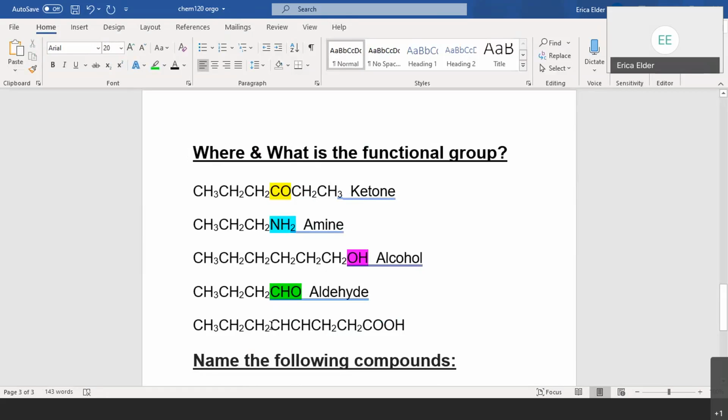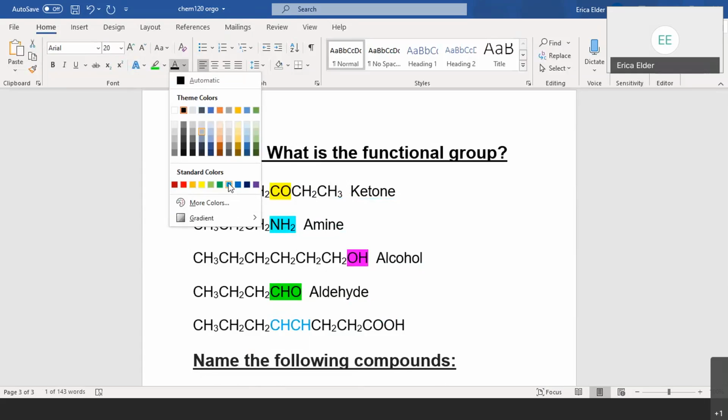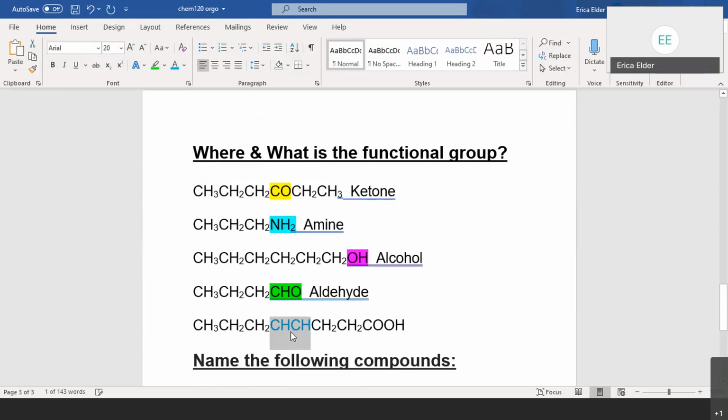This here being just CH to CH would let me know that there is a different bond happening here. So that would let me know I need to look for it to possibly be an alkene or an alkyne, but we're not working on that type of identification at this time. That would come once you have drawn your skeletal structure and see where that is.